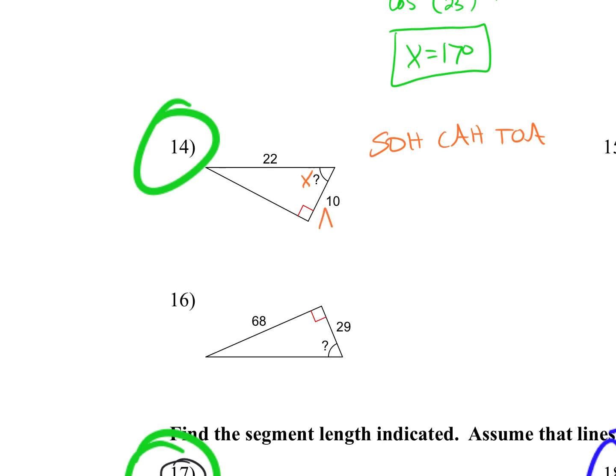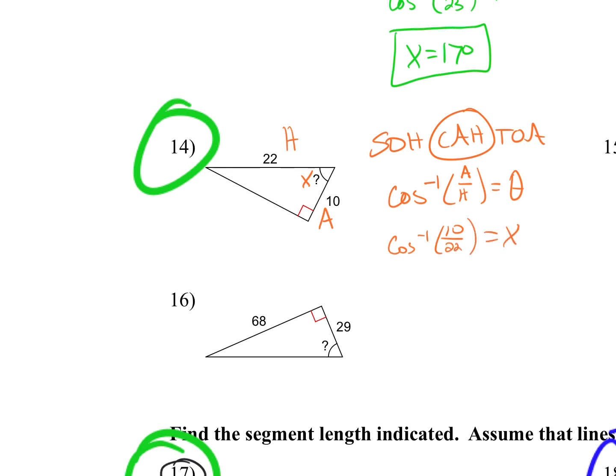This one is the adjacent next to the angle. This is the hypotenuse. So it's A and H, so it's CAH. So it's going to be cosine inverse of A over H is equal to theta, the missing angle. So cosine inverse, the A is 10, the H is 22, the theta we don't know, so it's X. All right, so X is equal to 63 degrees.